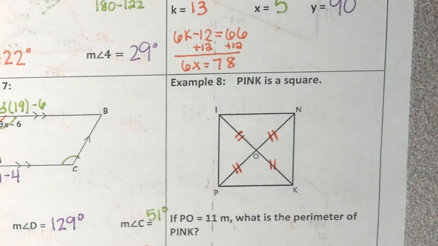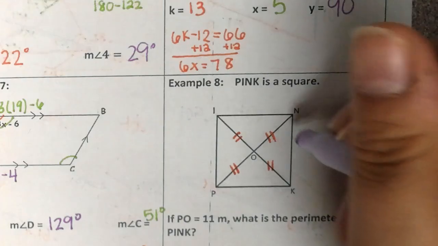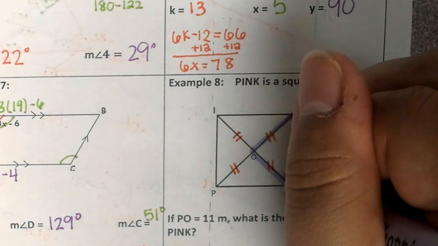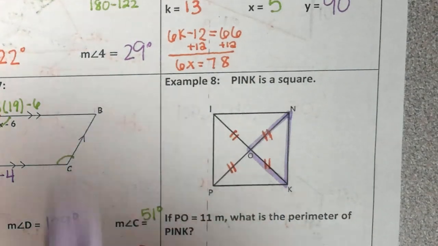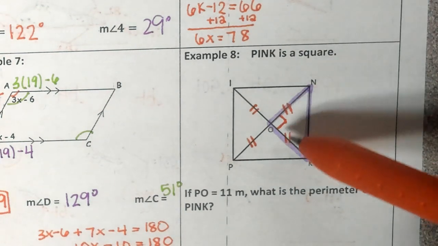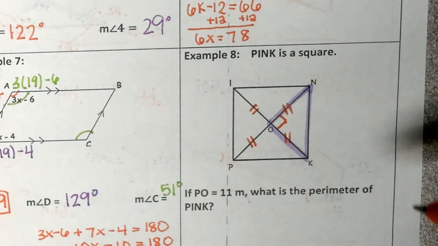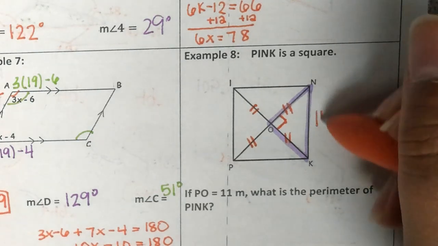No. Look up. What kind of triangle is this? It's an isosceles right triangle. So if this is 11 and this is 11, what is NK? Everybody look up. No, it's 11 root 2.